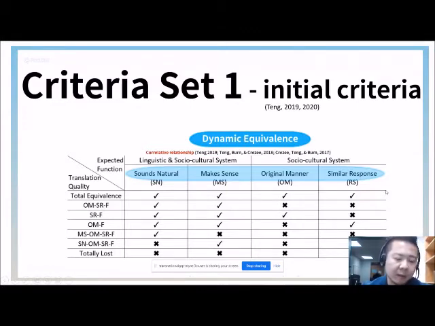This one means the translation can elicit a similar response as the original text would elicit among the readers of the original text.